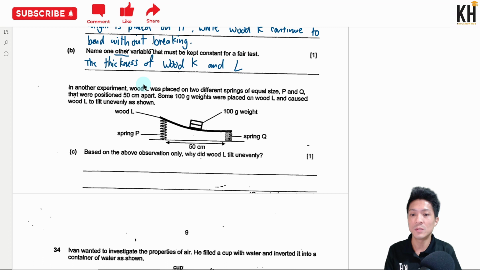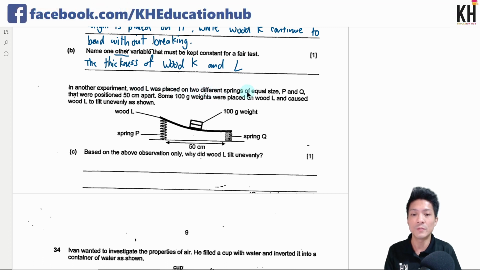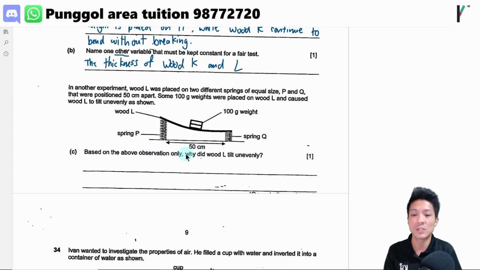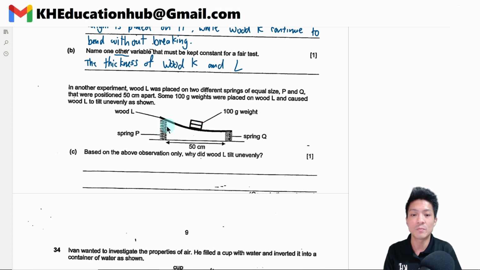In another experiment, wood L was placed on two different springs of equal size, P and Q, that were positioned 50 cm apart. Some 100-gram weights were placed on wood L and caused wood L to tilt unevenly as shown. Based on the above observations only, why did wood L tilt unevenly? So this is probably because the two springs have different stiffness.